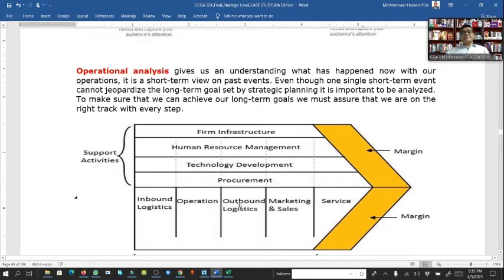So operational analysis gives us the understanding of what happened in the short run, and even one single short run event can mean that a company has to stop production. For example, if you have material shortage in a production oriented organization, you have the machine, the office, the manpower, time, overhead, all things, but material is short, so production will be hampered.